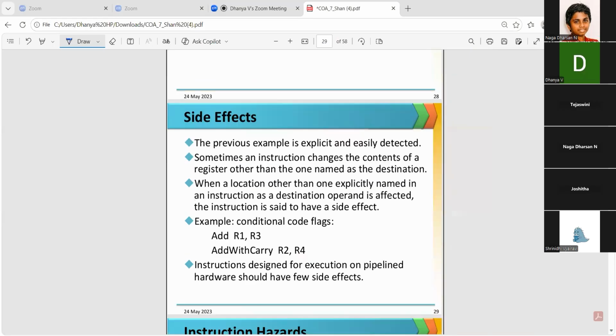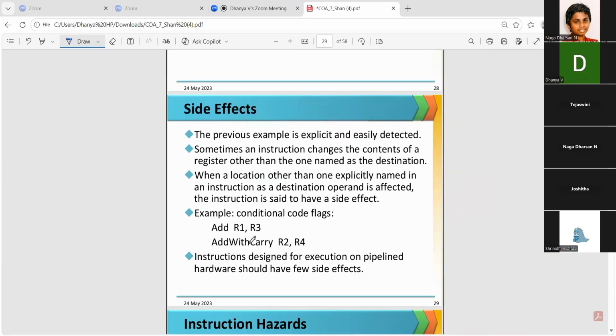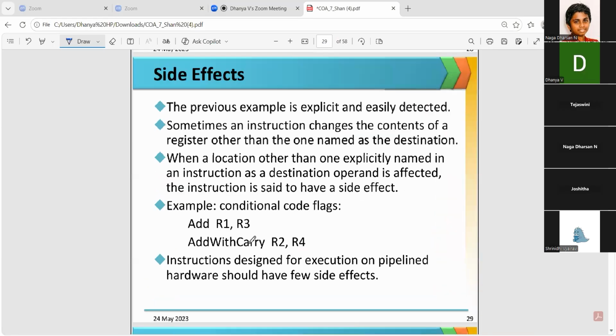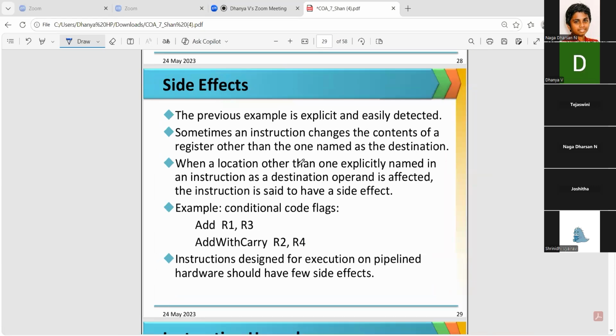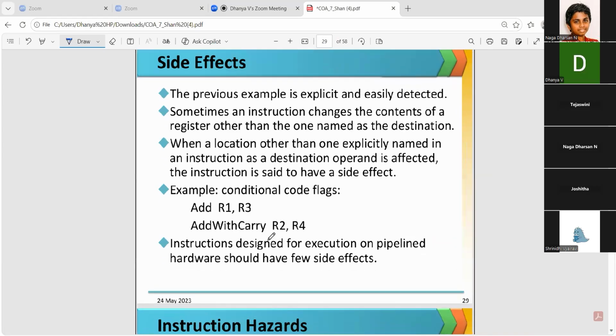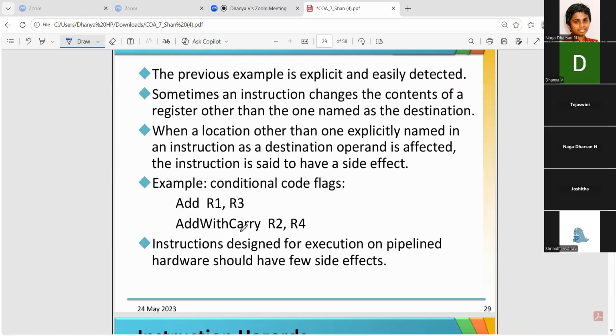Okay, next is something called side effects. So what is that? Sometimes an instruction changes the contents of a register other than the one named as the destination. Let's say there are conditional flags, no?